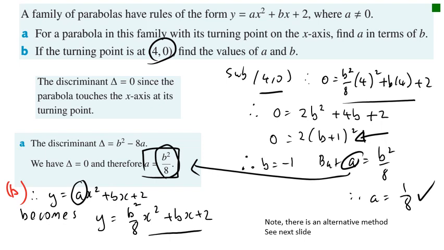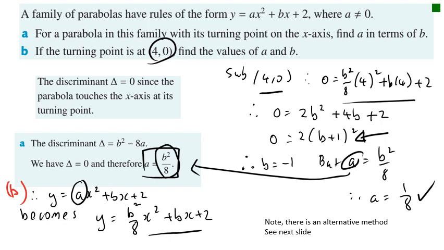Well, in this particular equation, we've got ax squared plus bx plus 2, so that a is equal to a, b is equal to b, but c is equal to 2. So that when you do b squared minus 4ac, that c is going to be equal to 2. Therefore, we've got 2 times 4, and now we've got b squared minus 8a. But we already know that b squared minus 8a is going to be equal to 0.